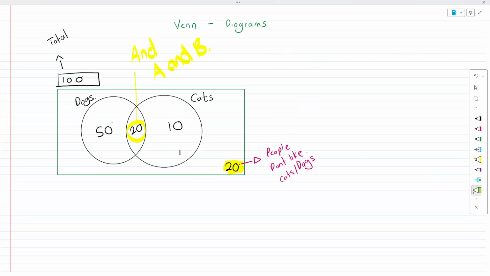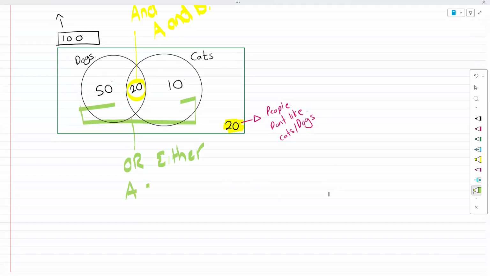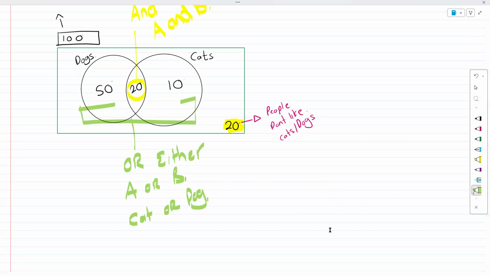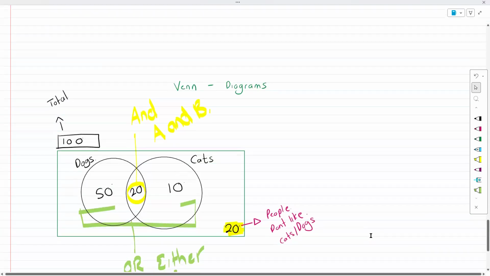This one, everything that's here, that's all of this, is or either. In the exam, you might see it as A or B. But in this question, it's cats or dogs. So once we start to understand that, Venn diagrams become very easy, especially when there's unknown parts as well.